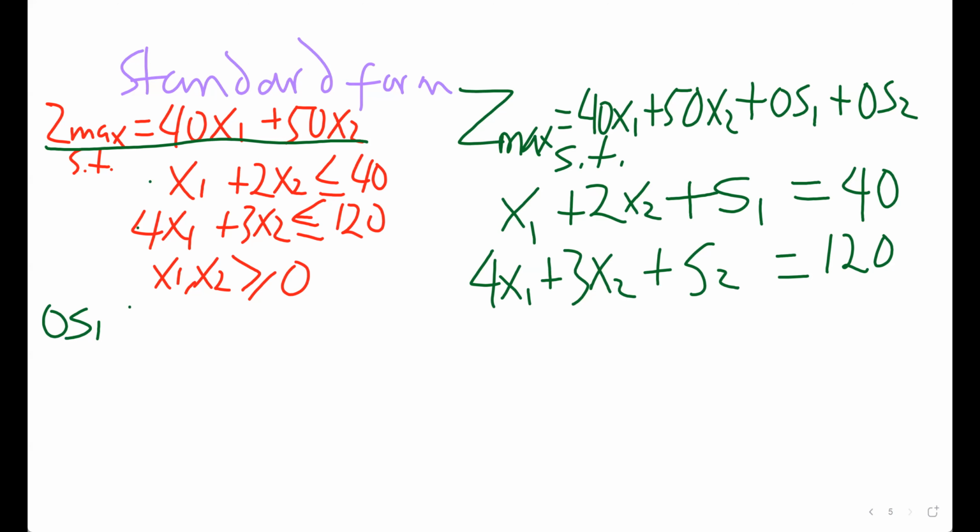Please write as x1, x2, then s1, s2 greater than or equal to 0. Why? It's either you've seen it somewhere, you read it before coming here, which is okay, but why?